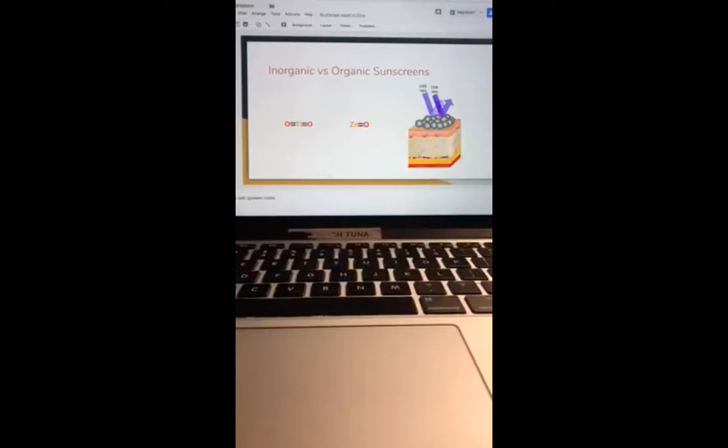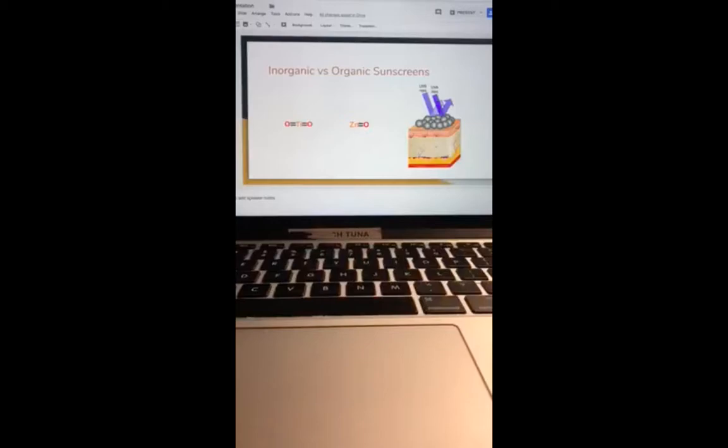But both of them are just a physical layer on top of the skin, and the way I like to think of it is, if you're using a castle analogy, then the inorganic sunscreens are like the wall, so they protect just on the surface level and don't allow anything to get past, but they don't protect against all wavelengths, and they're not a be-all, end-all to sunscreen, and they're physical, so they're not chemical compounds.